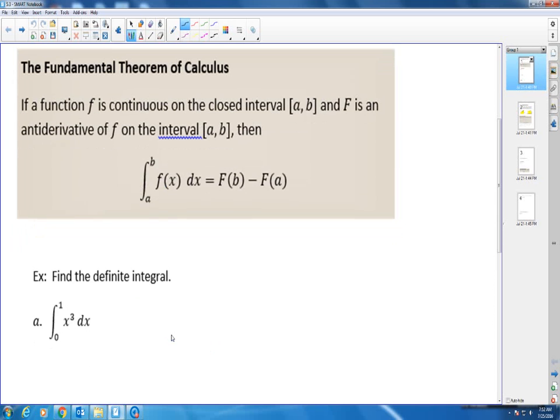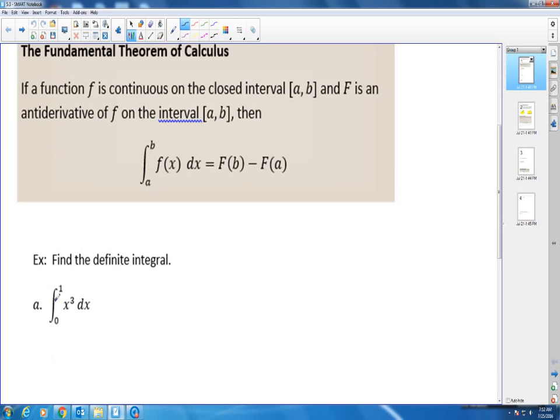So I'm going to bring this back. We actually did an example like this one way back in lecture video 5.1.